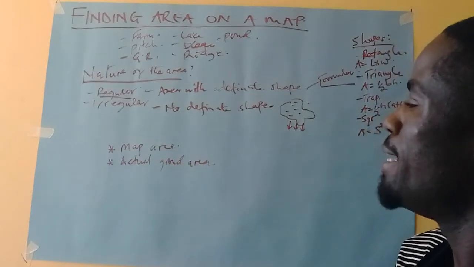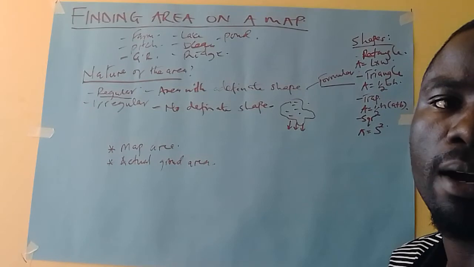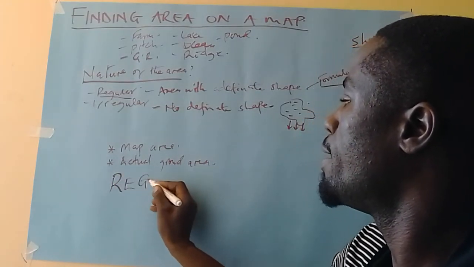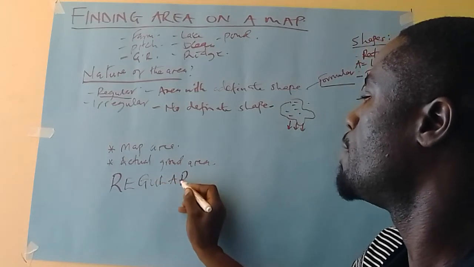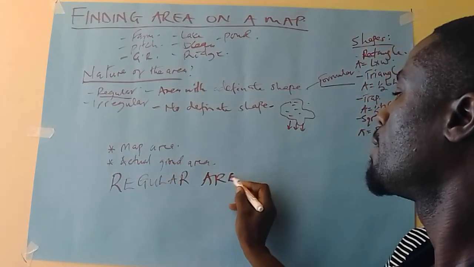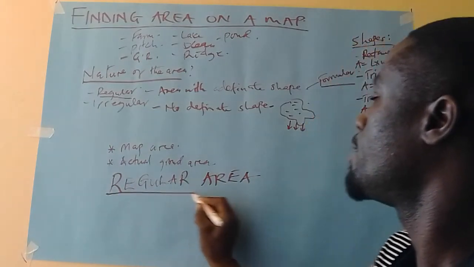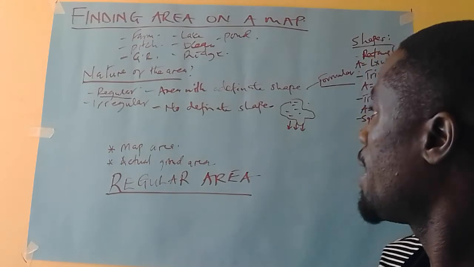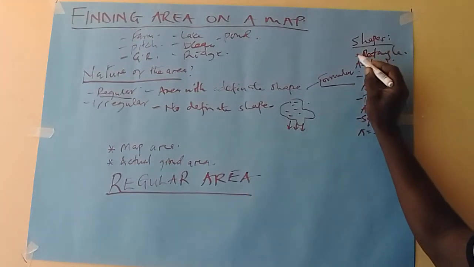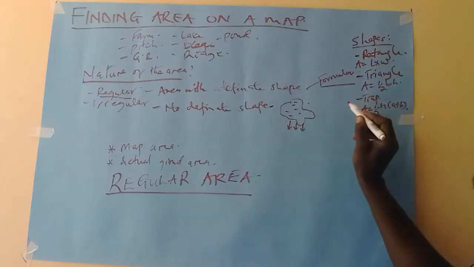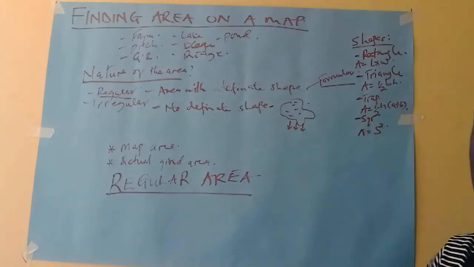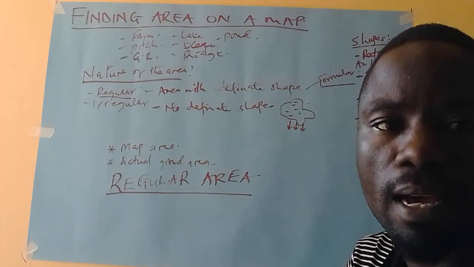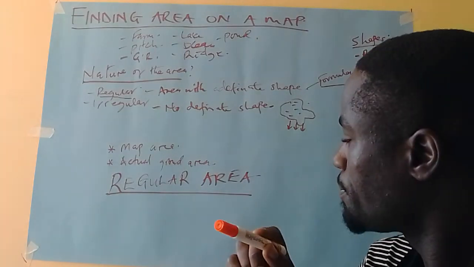Let us start with a regular area, assuming our area is regular. We have already seen that a regular area is an area which has a definite shape. And the shapes, we have them here. It can be rectangular, it can be a triangle, it can be a trapezium, it can be a square, it can be a rhombus, as long as that area has a formula.